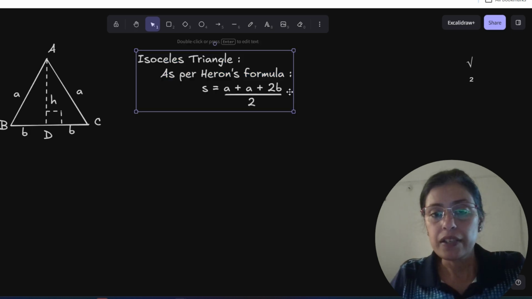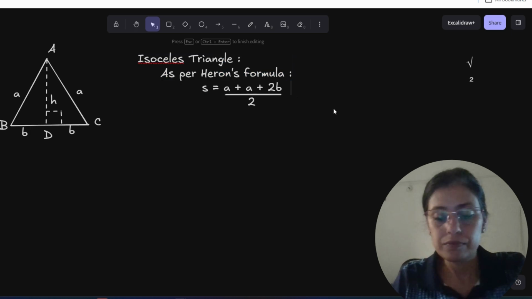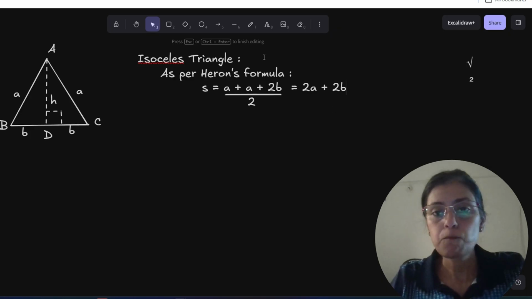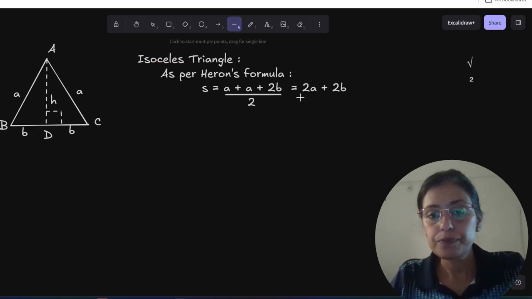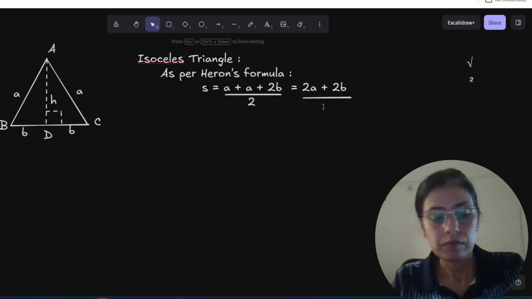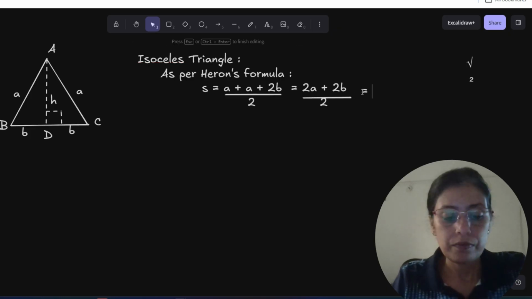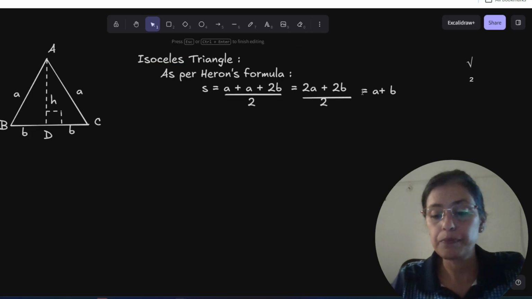This is then equal to 2A plus 2B upon 2, and this is ultimately equal to A plus B.